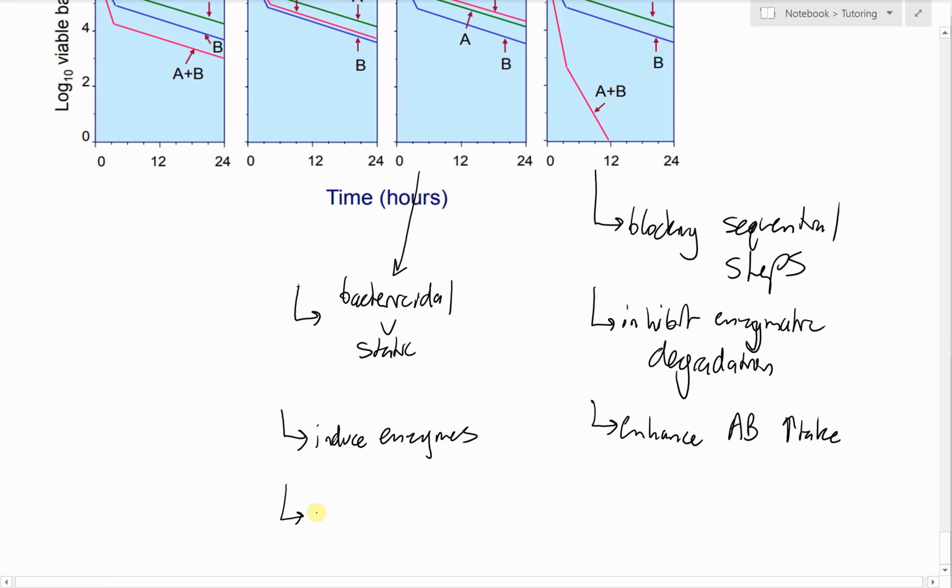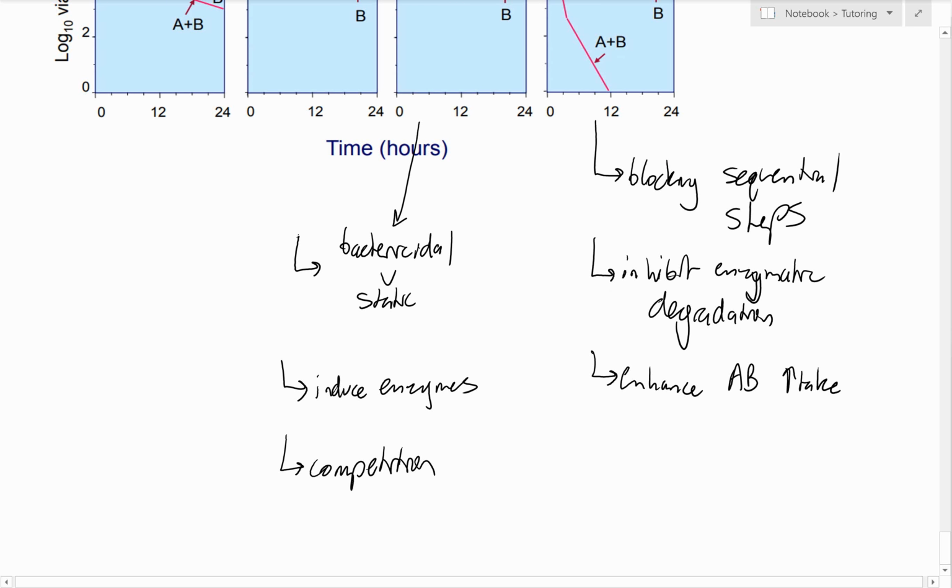Another way is through competition for the same target. So if they're both binding to the same receptor, per se, or the same enzyme, then trying to add both, they're both going to compete for the same thing and neither of them is going to do as good a job. And then it can also happen through inhibition of target.